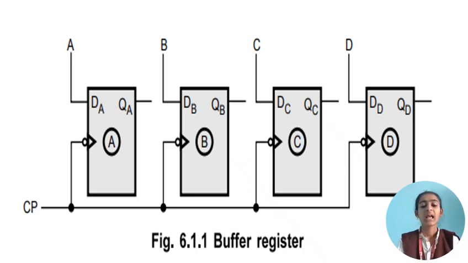They are connected to a common CP, the clock pulse. DA is the A input, DB is the B input, DC is the C input, and DD is the D input. The four flip-flops are connected to the clock pulse. These are called buffer registers.